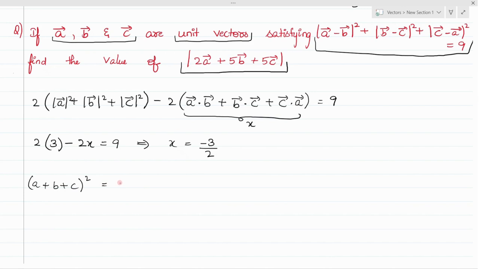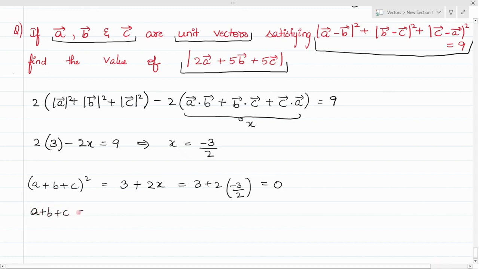It is A square plus B square plus C square, that is 3, plus 2 times of x. It becomes 3 plus 2 times of minus 3 by 2, that is 0. From here, we can write A plus B plus C as 0.